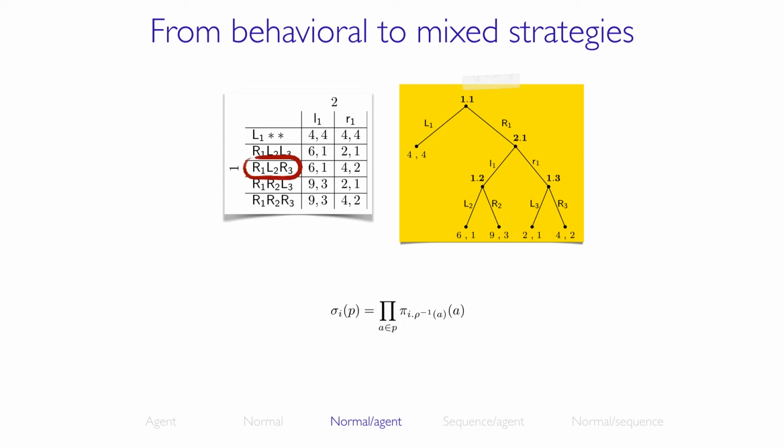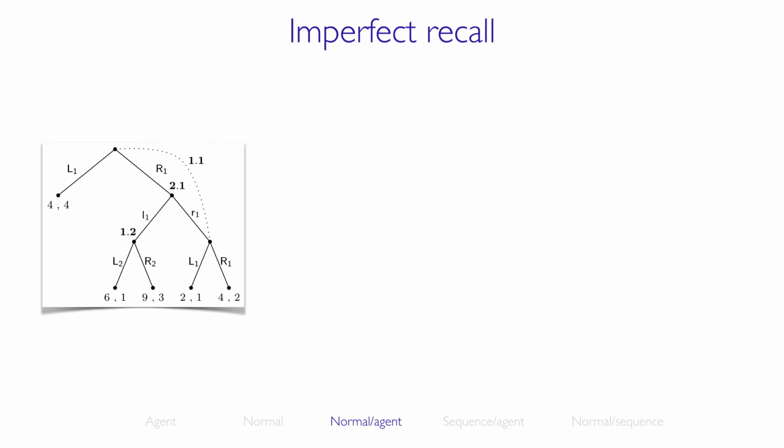Here is an example. Consider the plan uppercase R1, uppercase L2, uppercase R3. The probability is given by the product of the behavioral strategies on uppercase R1, uppercase L2, and uppercase R3.